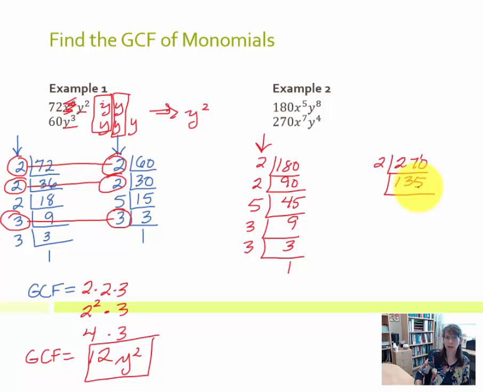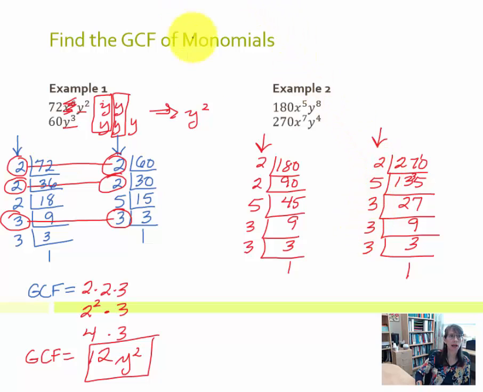Now this also ends with 5, so I know I could divide by 5. 5 goes into 13 2 times, leaving 3. 5 goes into 35 7 times. 27 is divisible by 3, leaving 9. 9 is divisible by 3, leaving 3. And 3 is divisible by 3, leaving 1. So here are the prime factors of 270.